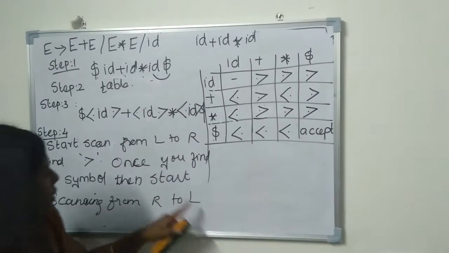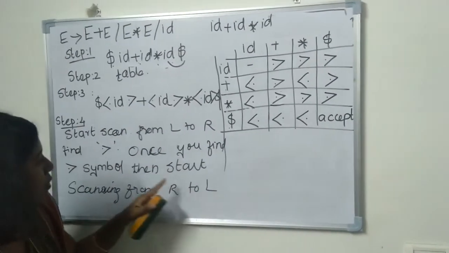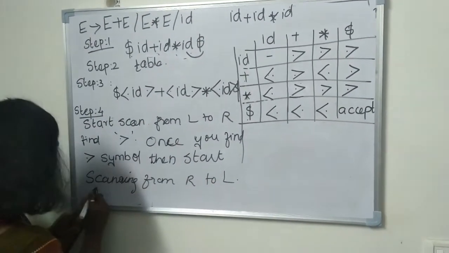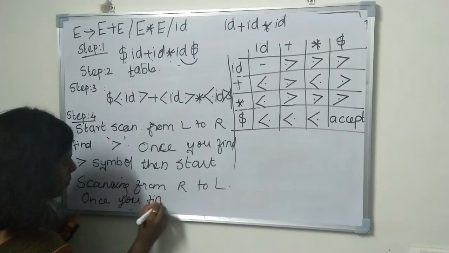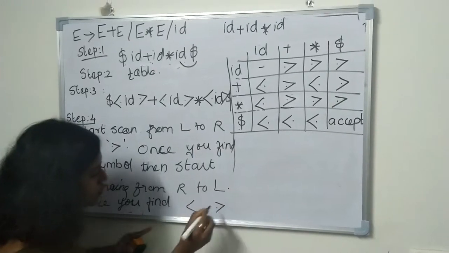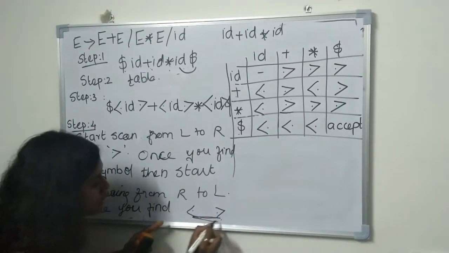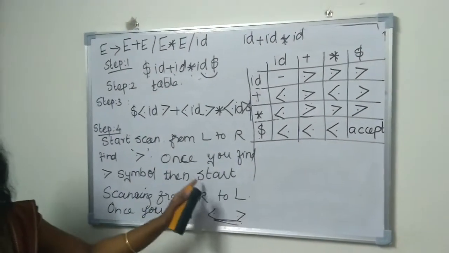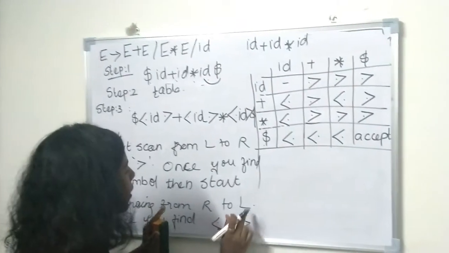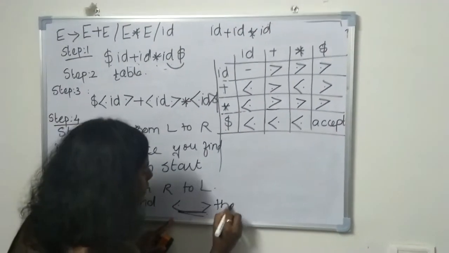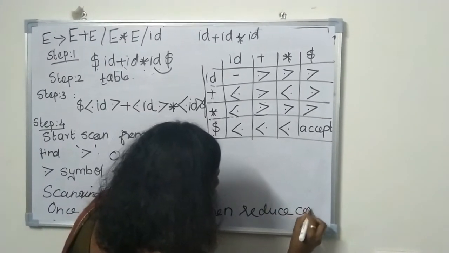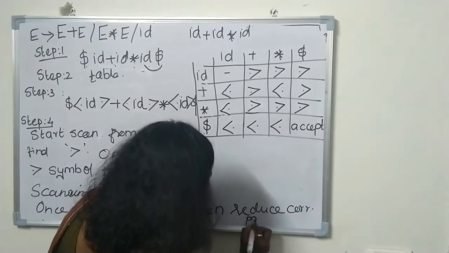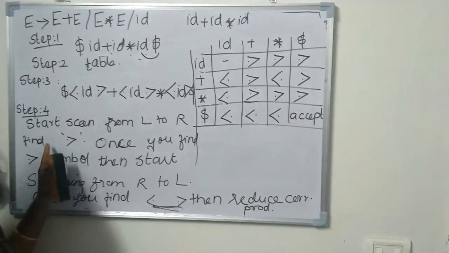Once you find the less than symbol, then you can reduce the corresponding production. So this is your next step.